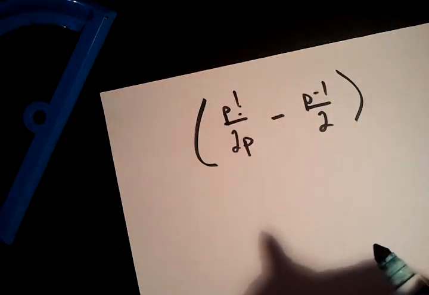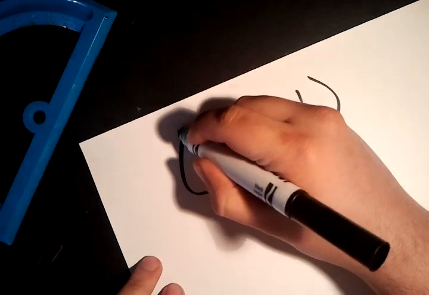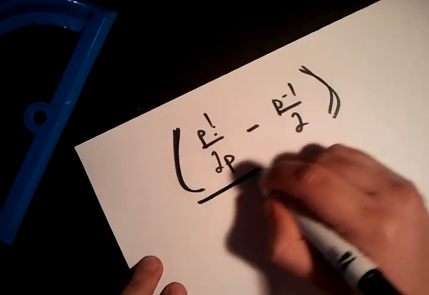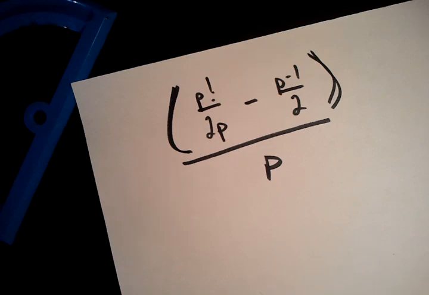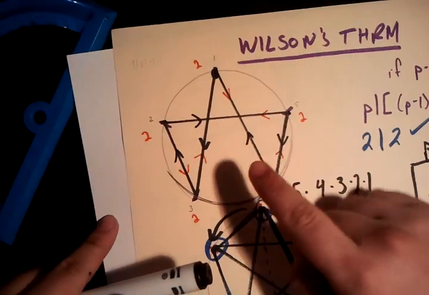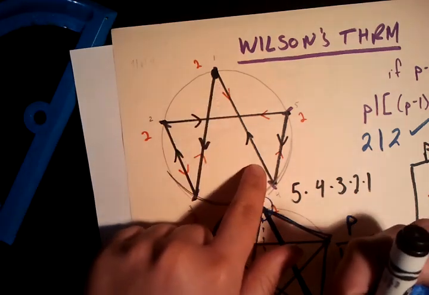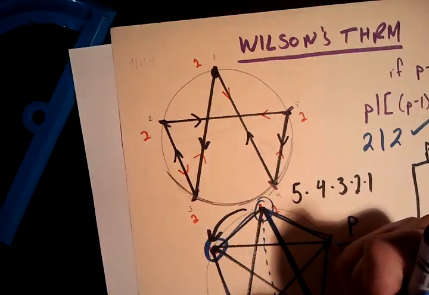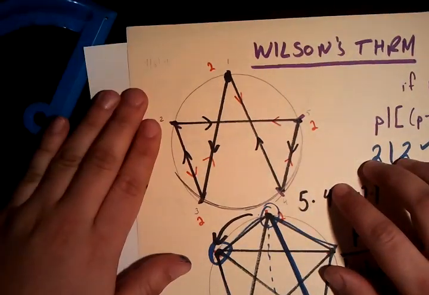And now what we're going to do is find out if p divides this. And it turns out it does, because if we look at this one that I drew initially, this one is part of a family of ones that look like this. So actually what we can do is rotate this. For example, let's pretend I'm rotating the circle.